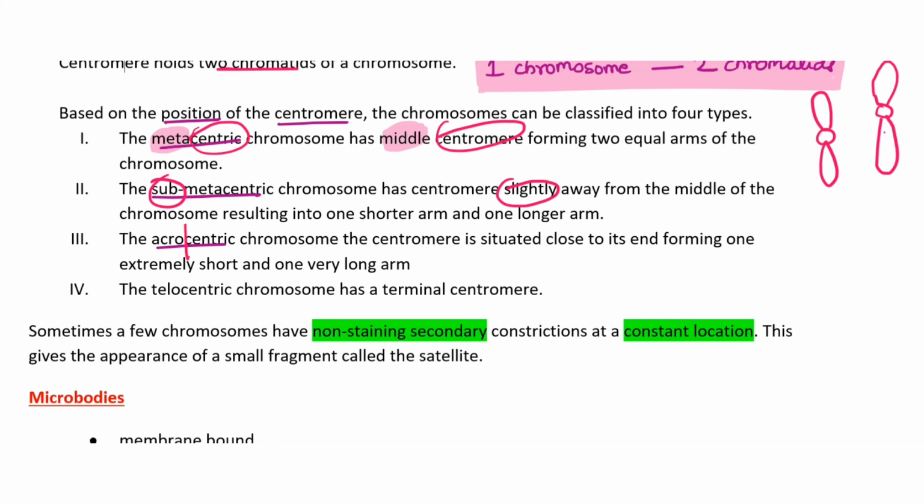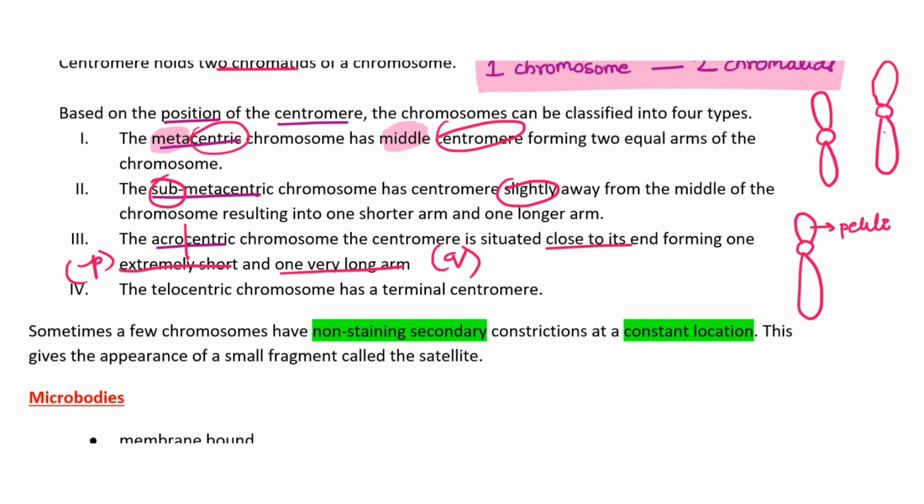Centric means your centromere, so the centromere is located closer to the end, forming one extremely short arm and one extremely long arm. The short arm is known as the P or petite arm, and the long arm is known as the Q arm. Let's not look into the Latin names of what Q and P mean. P means short, that much is enough.